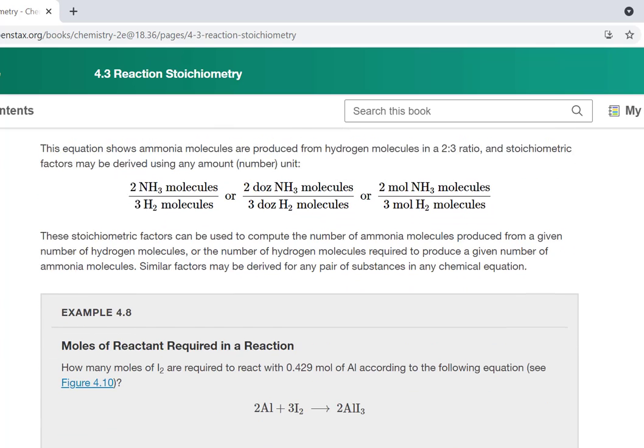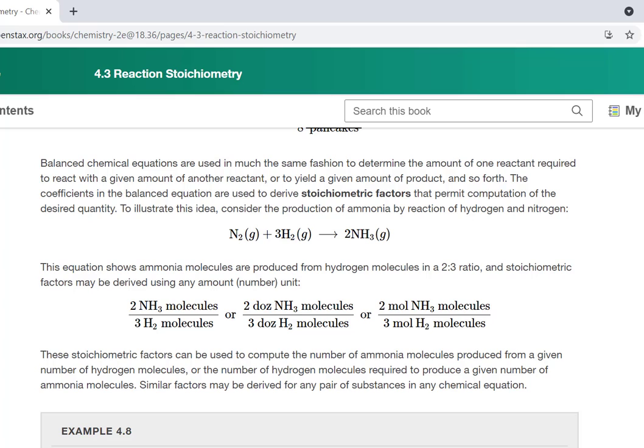One thing I want to mention before we move on is that within a balanced equation, this one has three things. You'll often have four or more components of a reaction. Not all of those will be important for every single question.